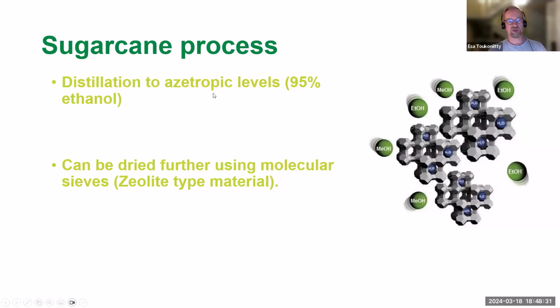But the azeotropic level is some theoretical maximum. Not going deeper into theory, if you have mixtures of two different chemicals, sometimes they form a so-called azeotropic mixture. So regardless of how well and carefully you do the distillation, the concentration of ethanol cannot rise above 95% in that exiting gas mixture.